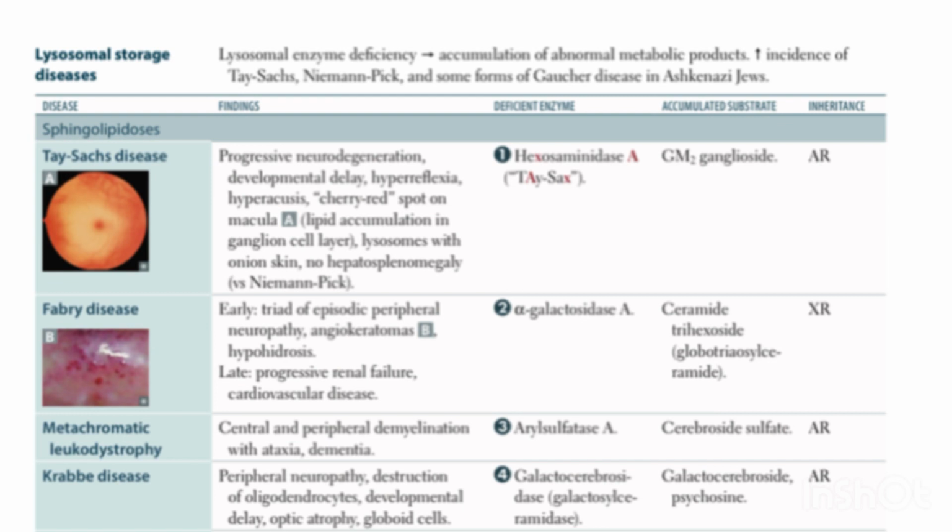Accumulated substrate is galactocerebroside. Autosomal recessive inheritance. Clinical features are peripheral neuropathy, destruction of oligodendrocytes, developmental delay, optic atrophy, and globoid cells. Globoid cells are the main feature in Krabbe disease.